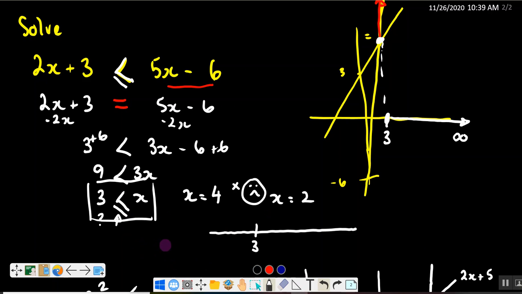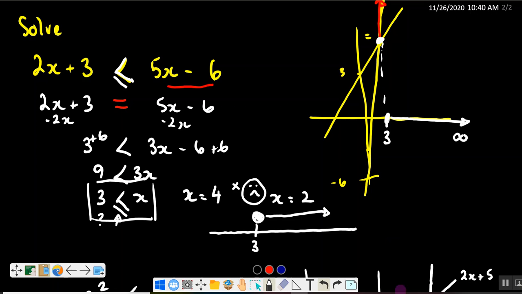If it's the not equal to, I put an open circle, and I put an arrow in the direction of values that I'm allowed, like this one. If it's allowed the 3, I fill in the circle to say I'm allowed the 3 as well. So that's when it says represented on a number line.